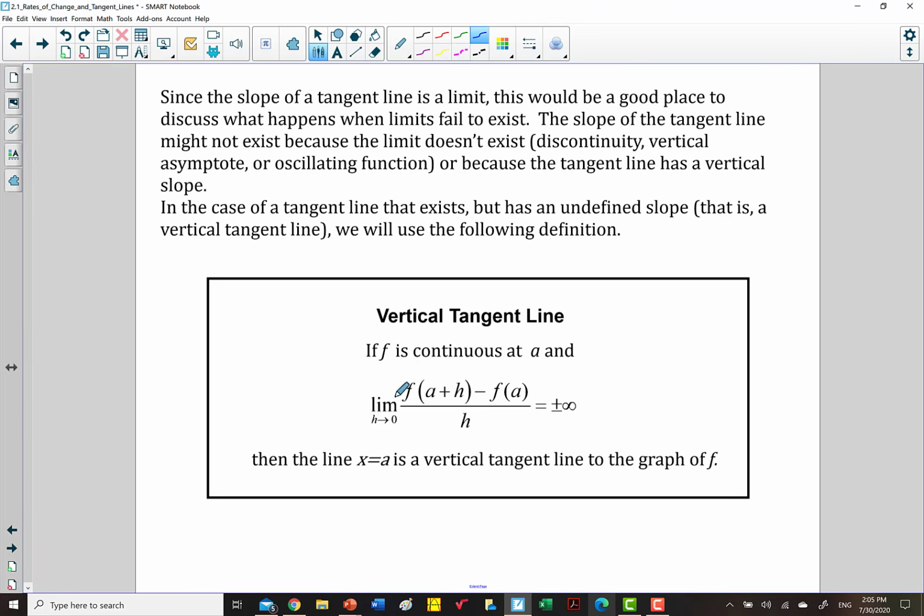So anytime you take the limit of the difference quotient and your limit produces unbounded behavior, like positive or negative infinity, then we know that the line x equals a is a vertical tangent line on the graph.